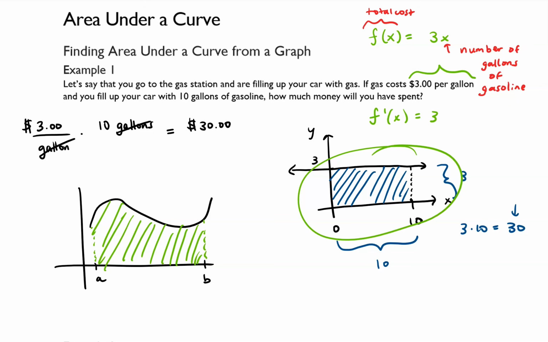But again, this shape here is not a rectangle, so it's not quite so simple to think about in terms of the area. So we're going to have to use different techniques.